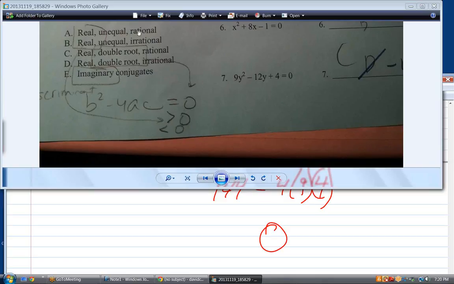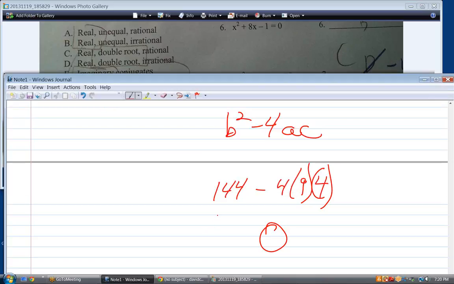Real unequal rational, real double root rational. Excuse me. It's C. I didn't quite understand what they meant by double root. I've always been taught that if your discriminant is negative, you have 2 complex. If your discriminant is positive, you have 2 real.